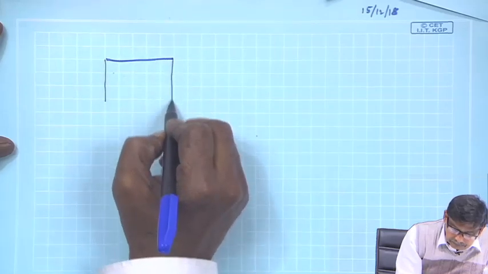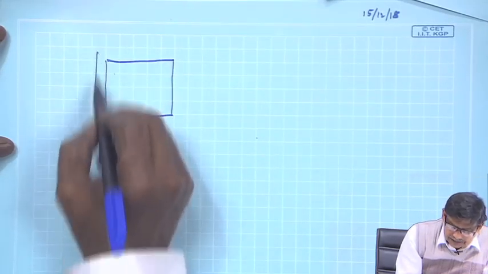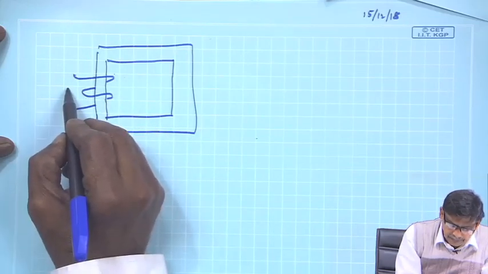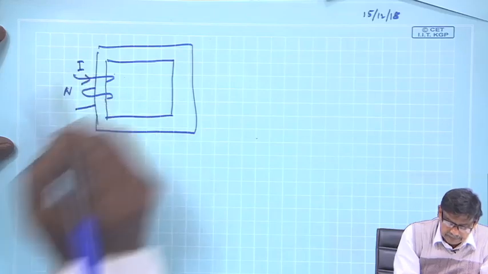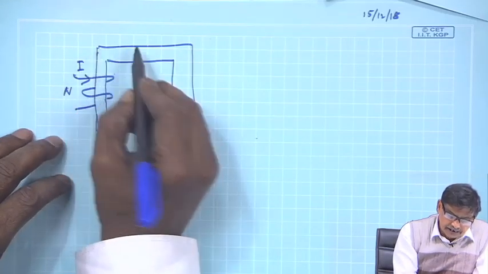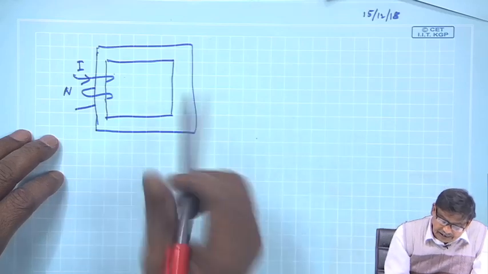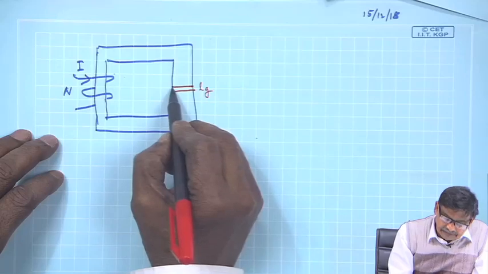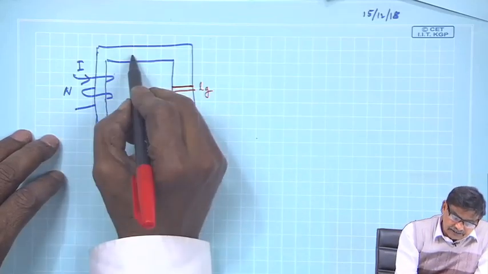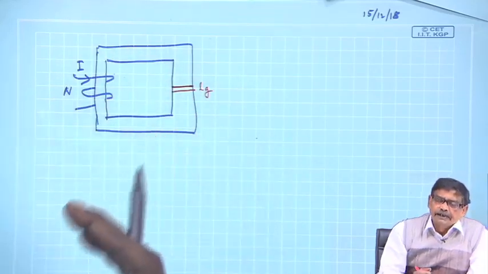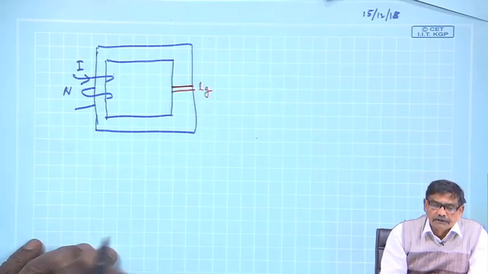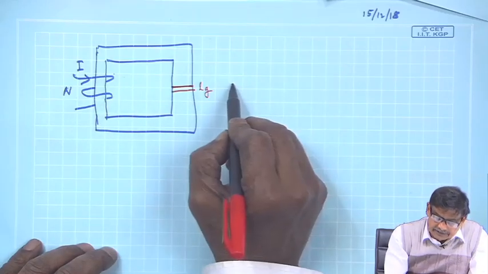Suppose you have a magnetic circuit like this, and here is some number of turns N, and this is I, and I want to find out the field here, and suppose there is an air gap in this of length Lg. Now, this permeability of iron is very large compared to the air gap permeability, which is 1, and it is a series magnetic circuit, mind you.